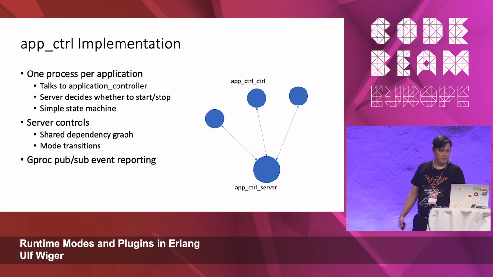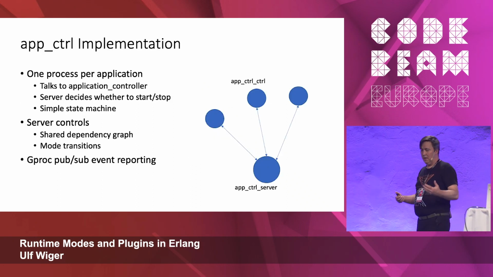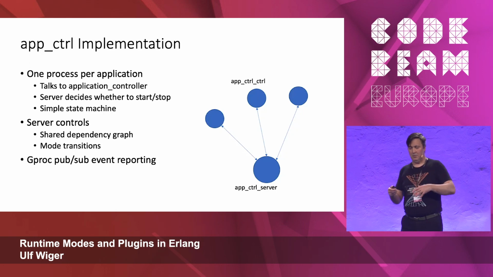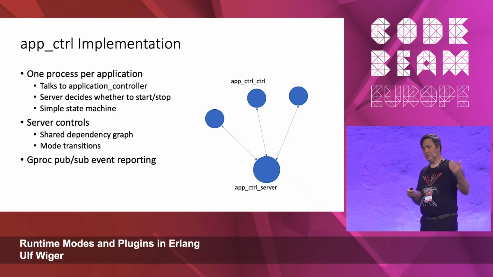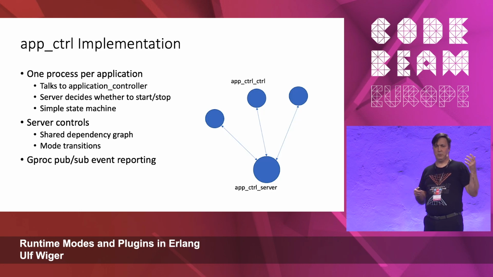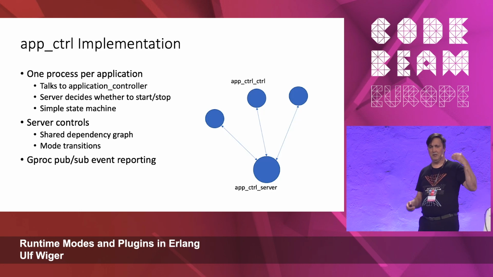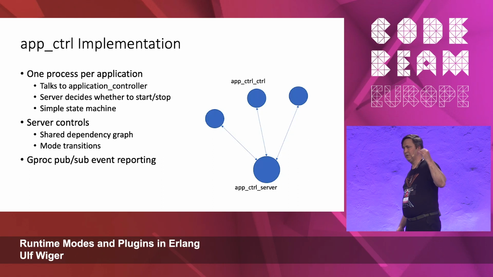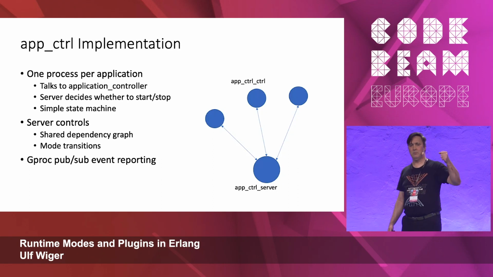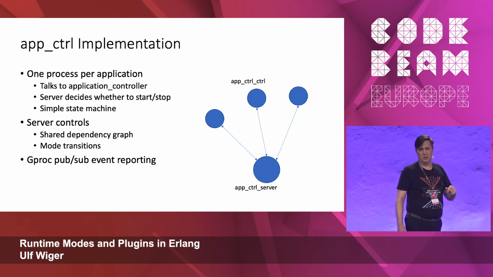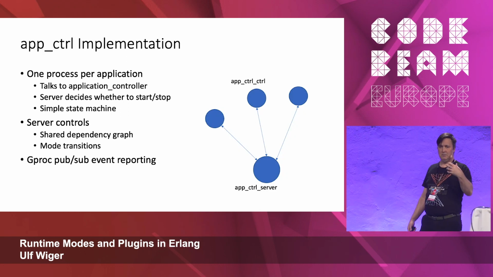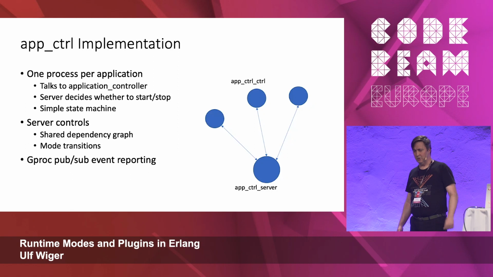And the way it works is that the application control server will figure out all the application start dependencies and all the configurations for that. Then it will start one process per application that it finds, and that process will tell the application controller that it is now in control of this application. So it's a simple state machine that implements this protocol with the application controller.